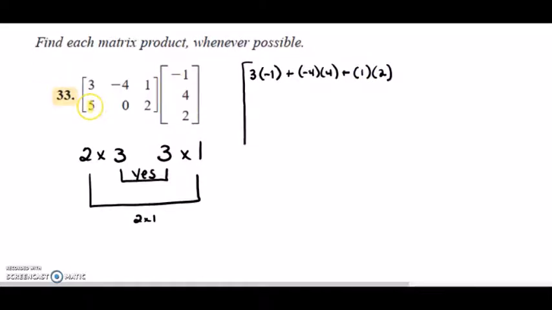Then to find the next element, you have to take the second row times the first column. So 5 times negative 1 plus 0 times 4 plus 2 times 2.